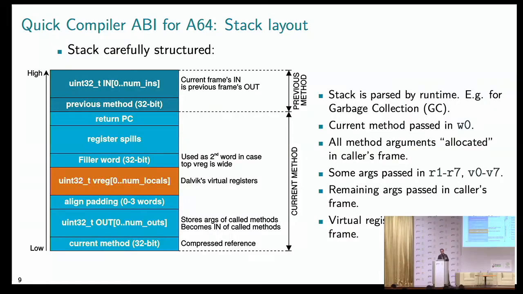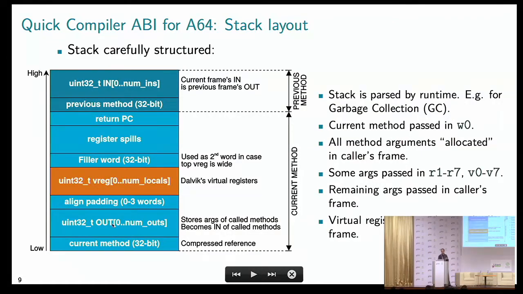In particular, I'd like you to notice this yellow-colored region, which contains the values of the virtual registers used in the current method. The runtime will travel over the stack, read these registers, recompose the state and make sense of it. So it is important that we are doing things properly here. Another interesting part is the in and out region.